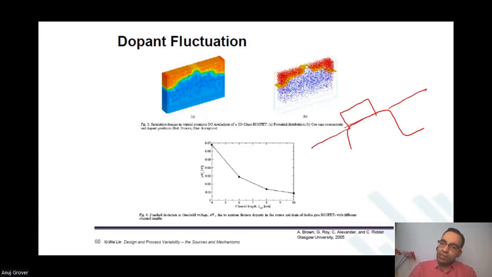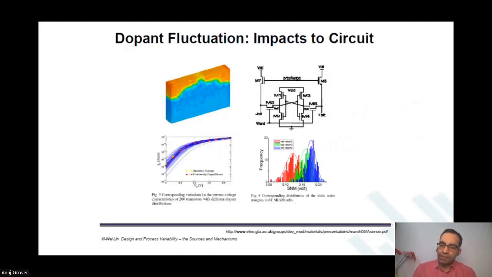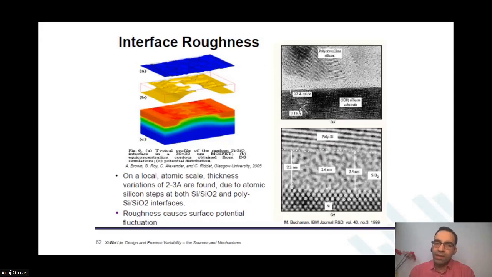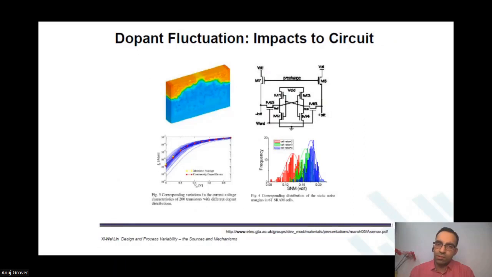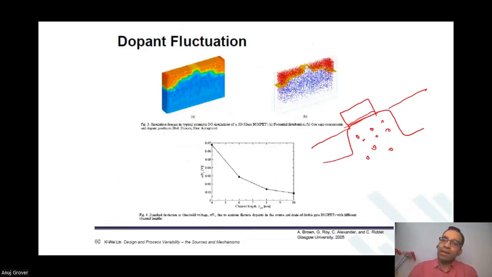So this was your gate region, and you expected 20 dopants over here beneath the gate. But in reality, there were, let us say, 3 extra dopants.